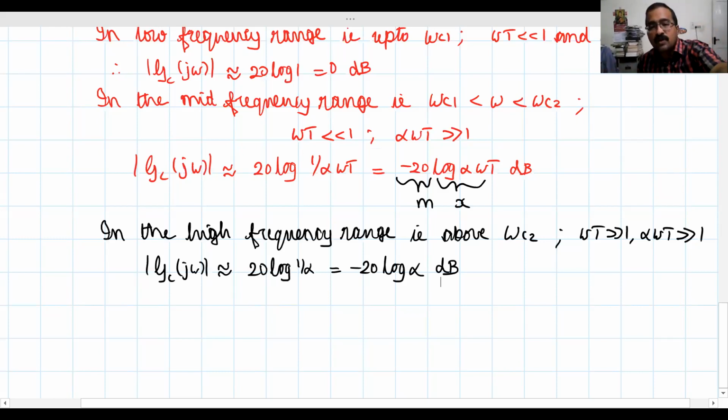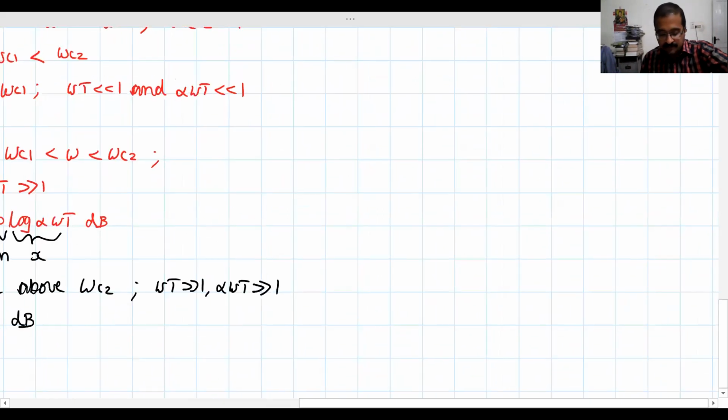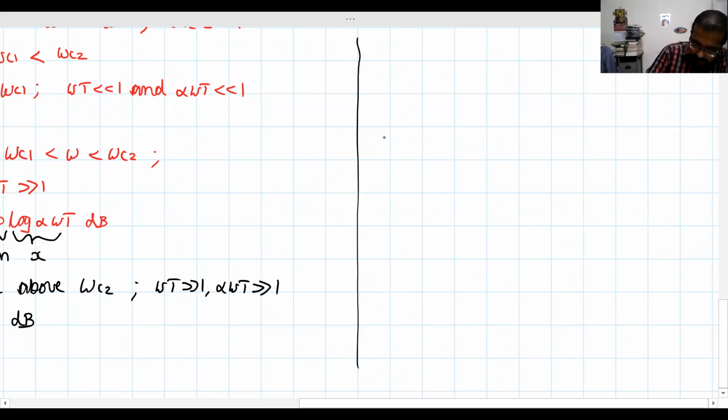Okay, let us plot the dB magnitude plot here. So this is omega in logarithmic scale. This is the decibel. So this is my lower cutoff frequency, omega C1.